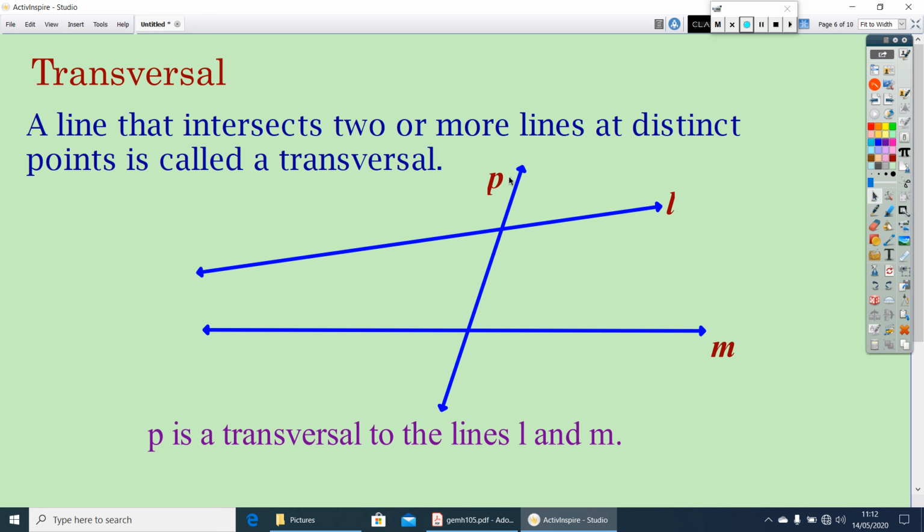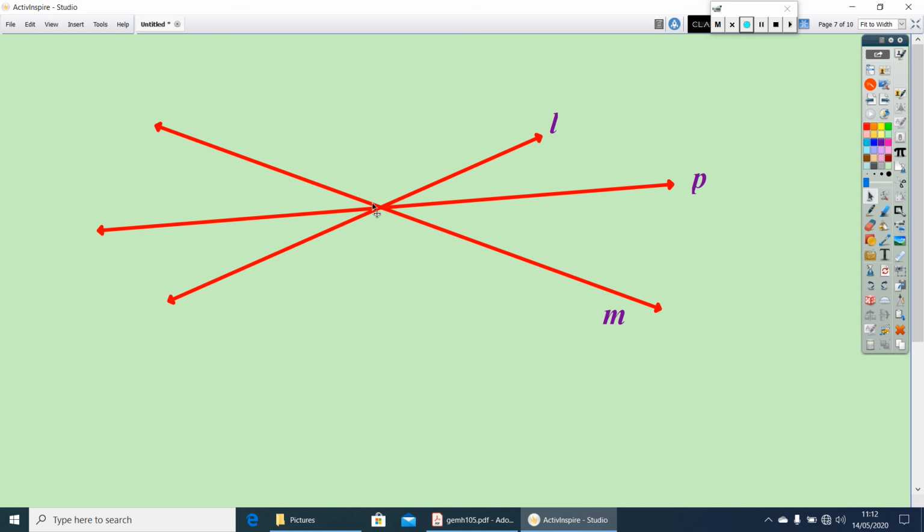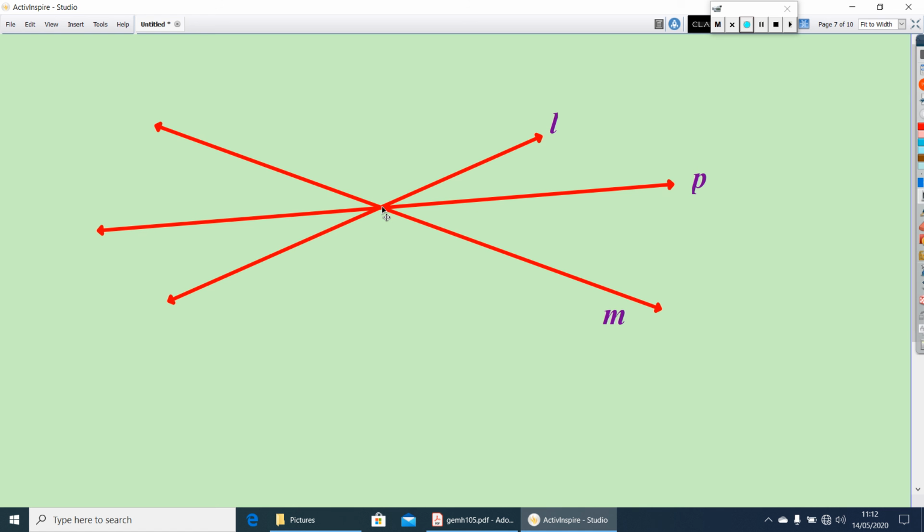Here you see, P intersects L and M at distinct points, but here it is intersecting at the same point. So P is not a transversal to L and M. So you can write that the line P is not a transversal.